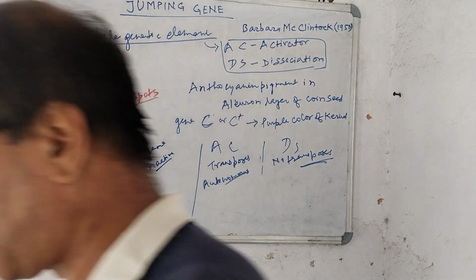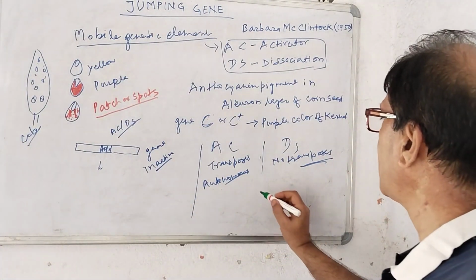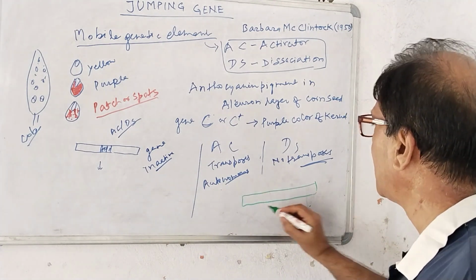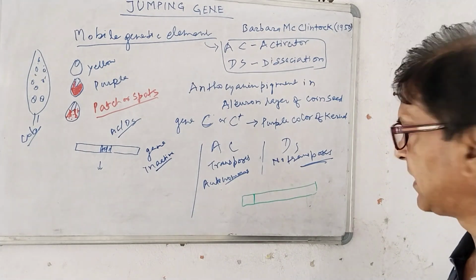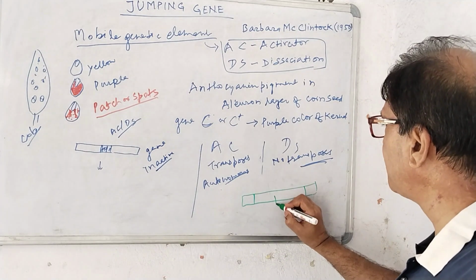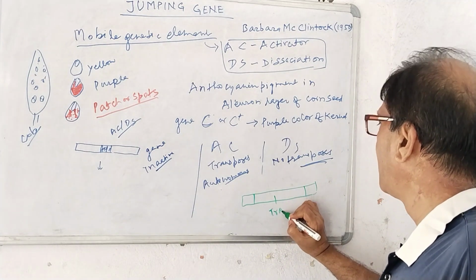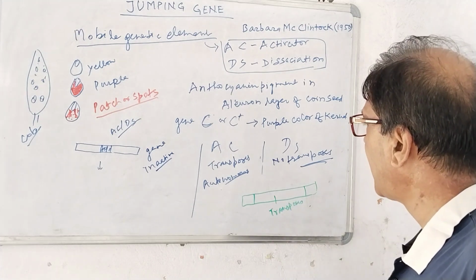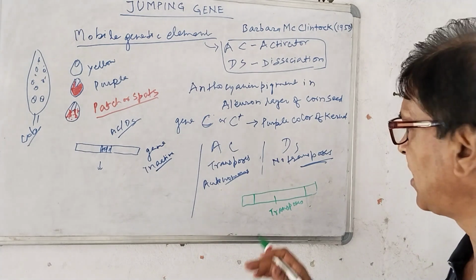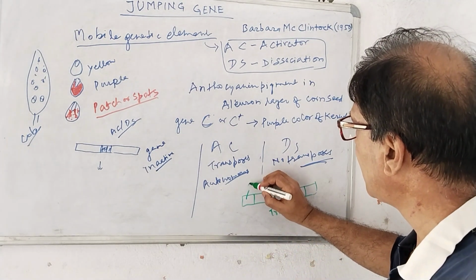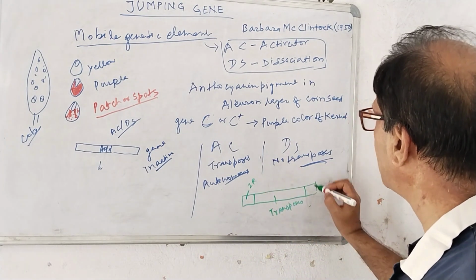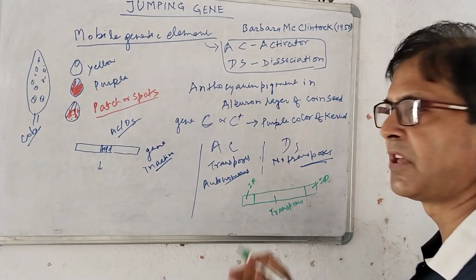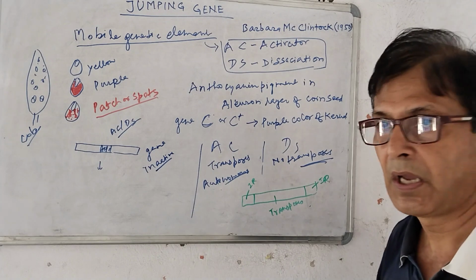Here is the basic structure of the conservative transposon. Here we see that there is a coding gene for the transposase enzyme, and this coding region is flanked by inverted repeats on either side of the coding sequence.